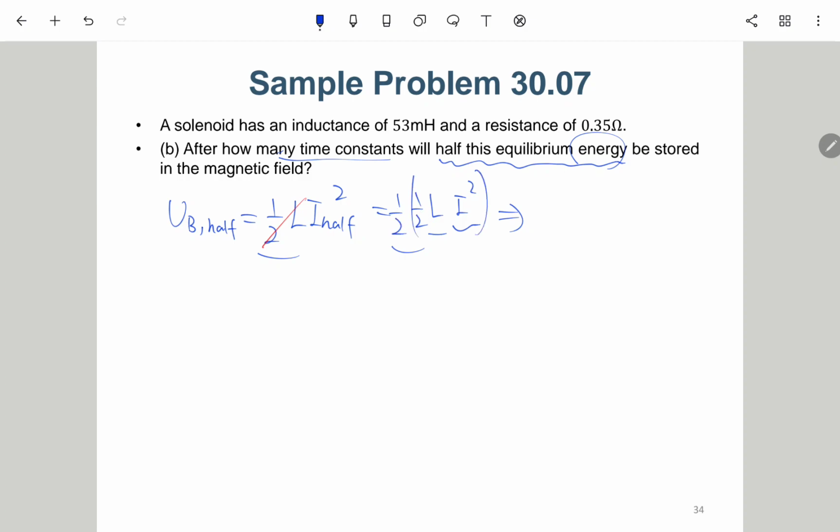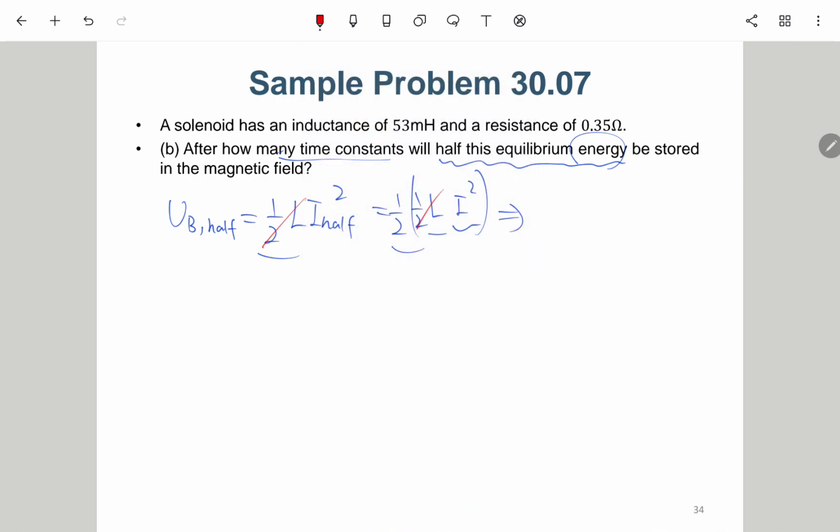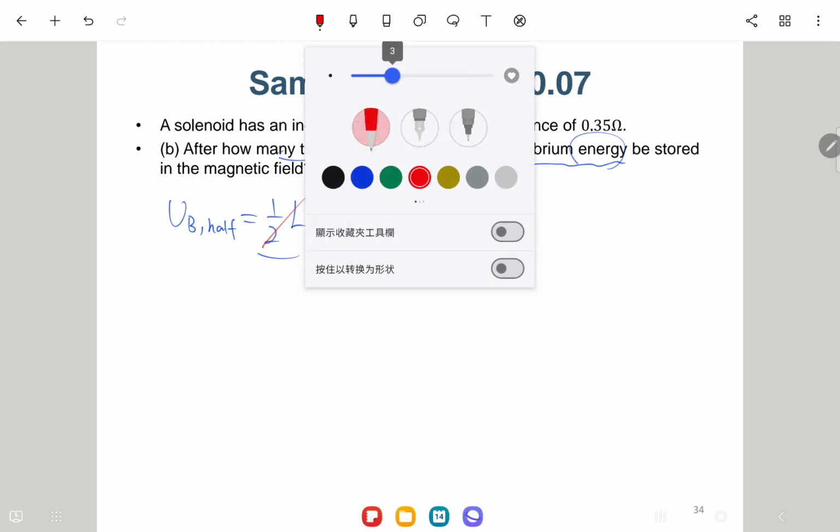This is half of the energy, which means it is only 1/2 of this energy. This energy is for the equilibrium point, so this is the full energy and this is half of the full energy. Actually we can only cancel this part.